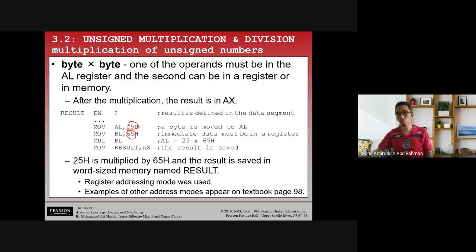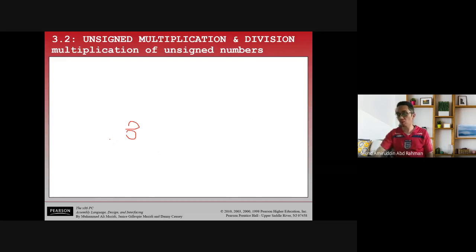Remember that for BL, when we do the multiplication, we don't need to specify AL, because the result is automatically stored in AX as mentioned over here.